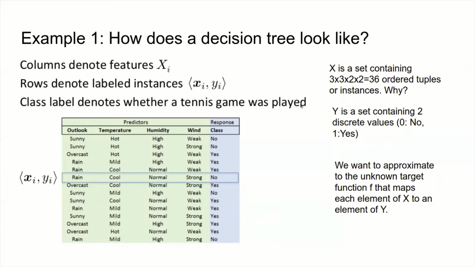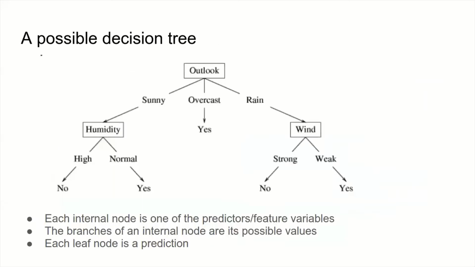So we want a function that, again, maps any element or any instance of X to Y. That's it. And we want to approximate that function. This concept of approximating functions is quite powerful, and you will see it in all artificial intelligence. Almost any machine learning algorithm is just a function approximator, but there are lots and lots of different ways in which we can do that.